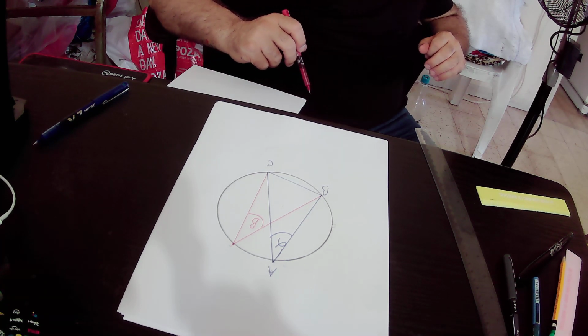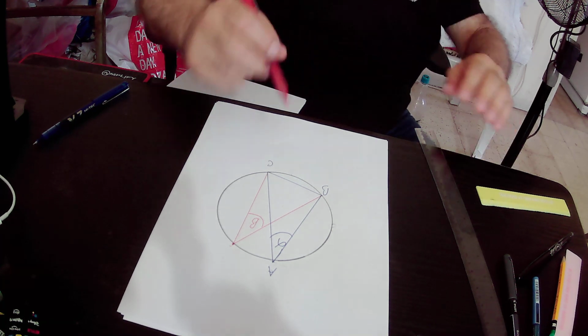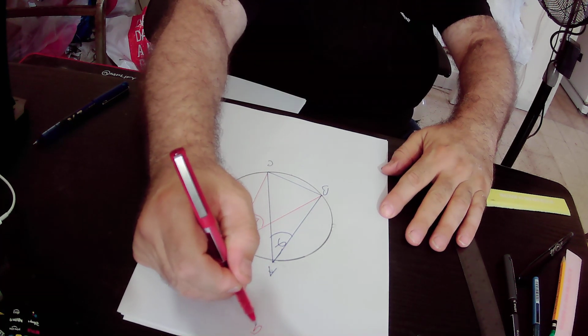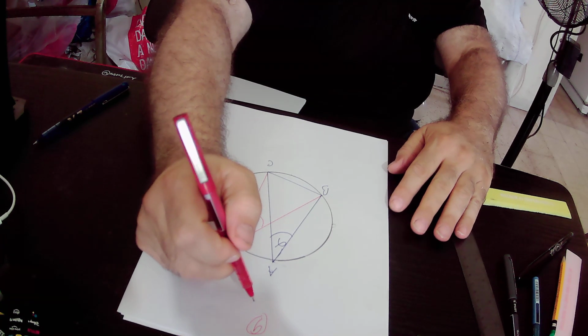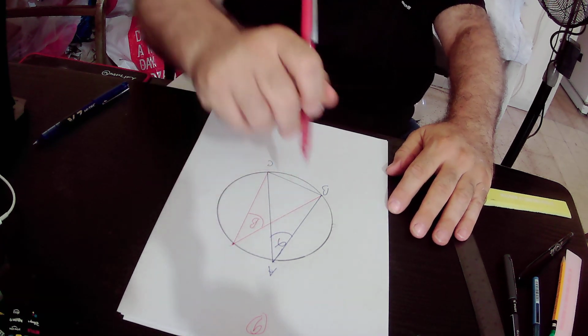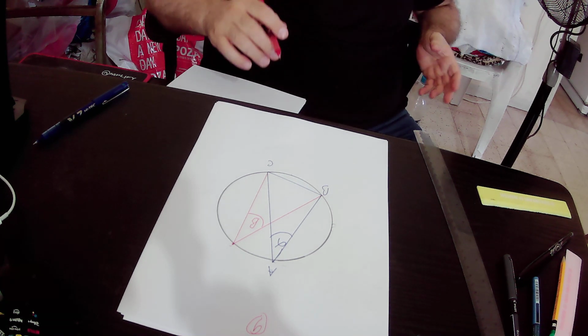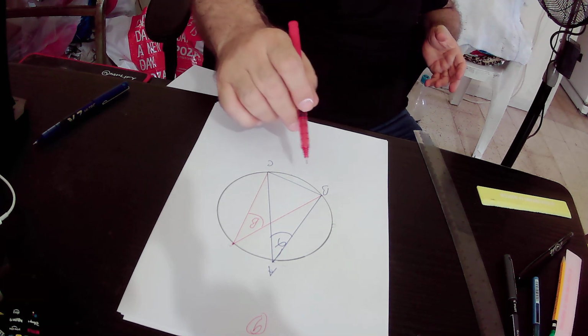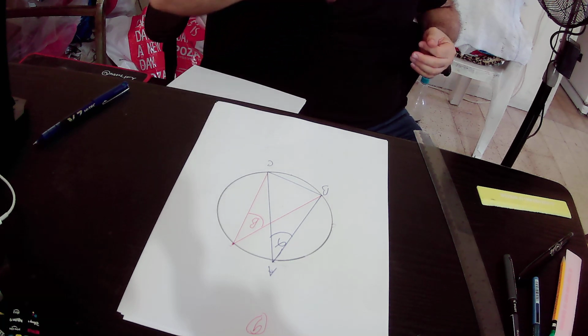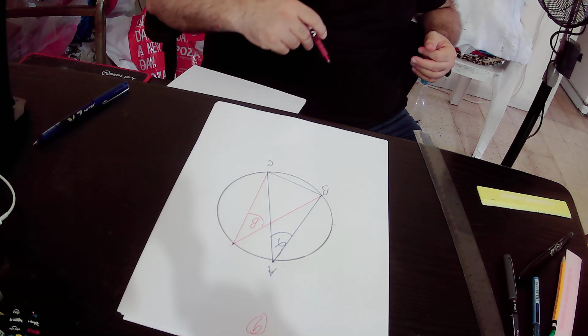So according to rule number 2, they are equal to each other. That is to say, angle alpha equals angle beta. Okay?